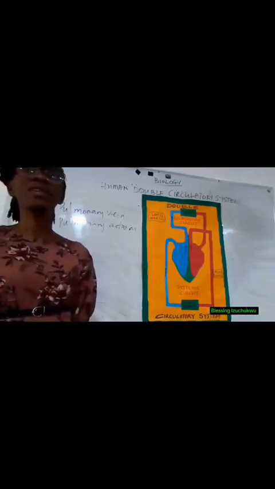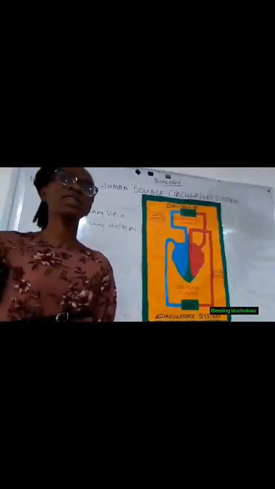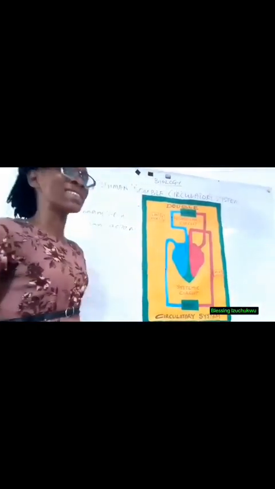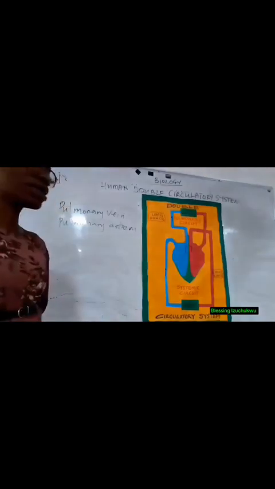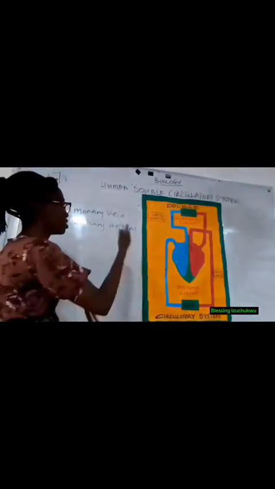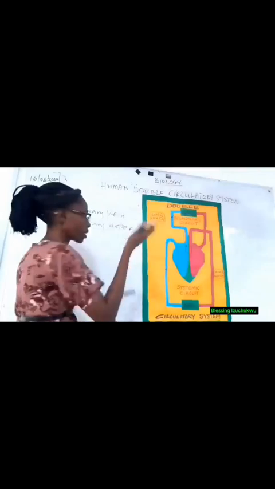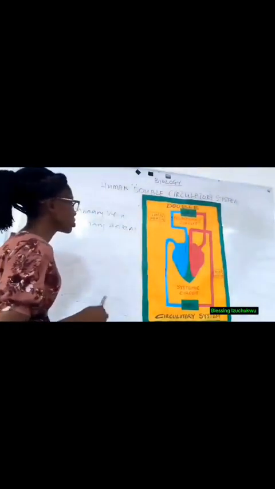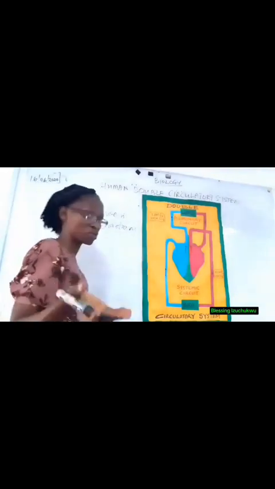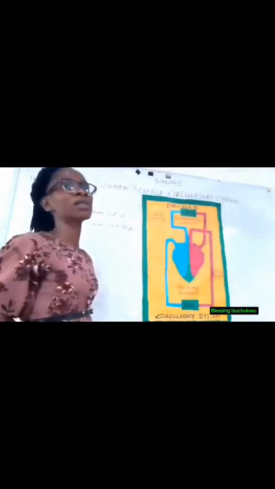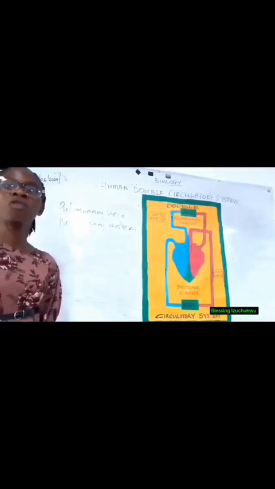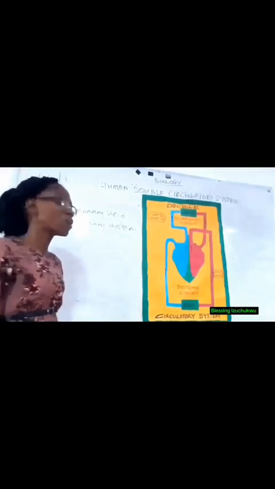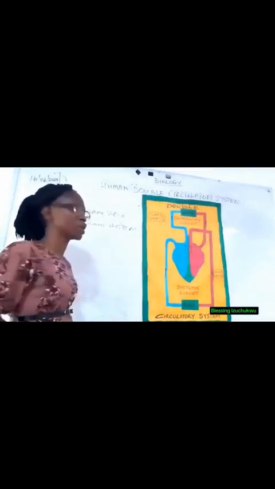So if it is not carrying deoxygenated blood, what do you think it is carrying? Anyone? That's correct. It's carrying oxygenated blood. So pulmonary veins carry oxygenated blood back to the heart, while the pulmonary artery carries deoxygenated blood away from the heart.